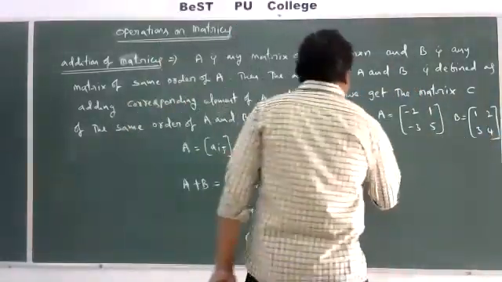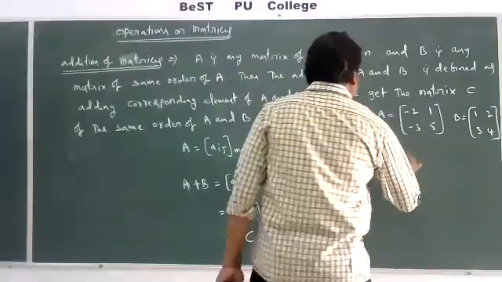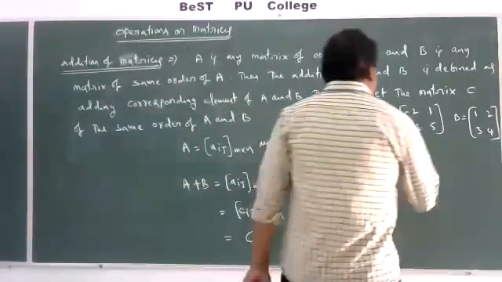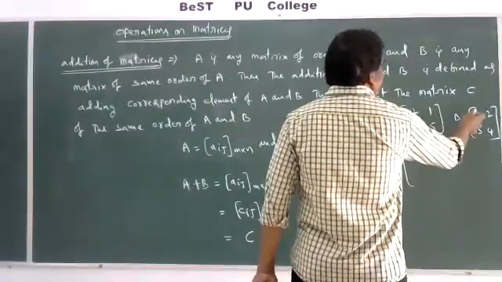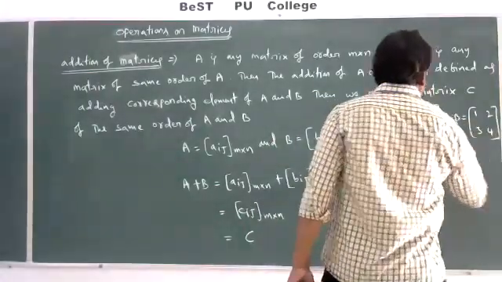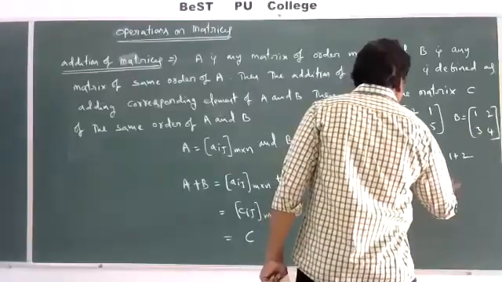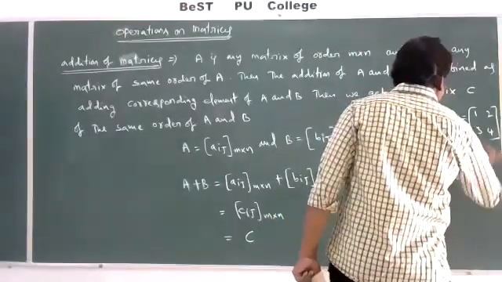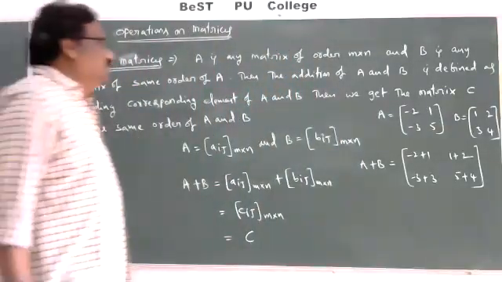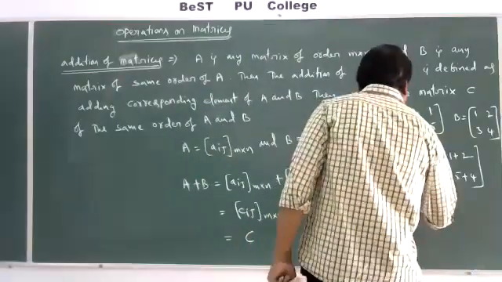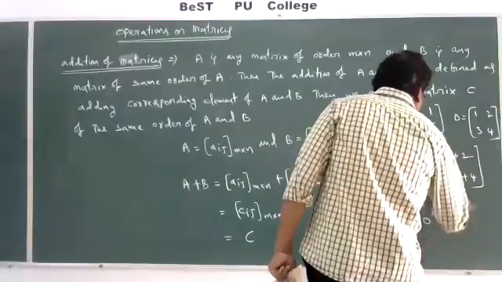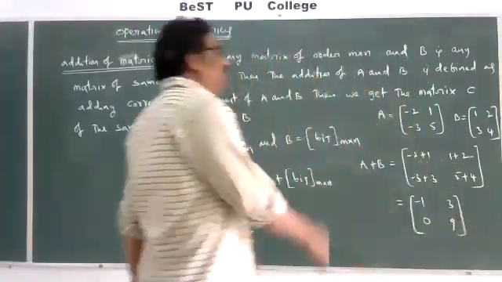Then adding A and B, that is A plus B, is equal to adding the corresponding elements: -2 plus 1, 1 plus 2, -3 plus 3, 5 plus 4. Simple. Just addition of the corresponding elements. Then you get -2 plus 1 is -1, 3, -3 plus 3 is 0, 5 plus 4 is 9. That is the new matrix.